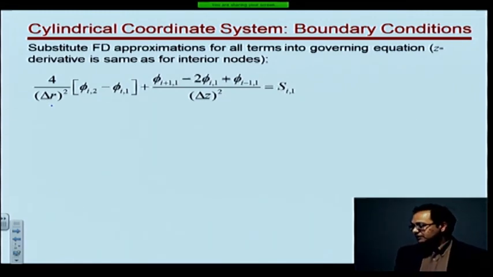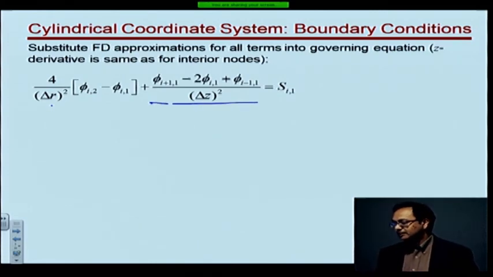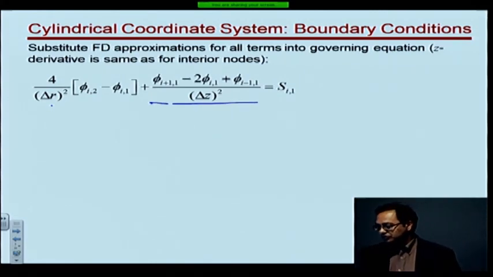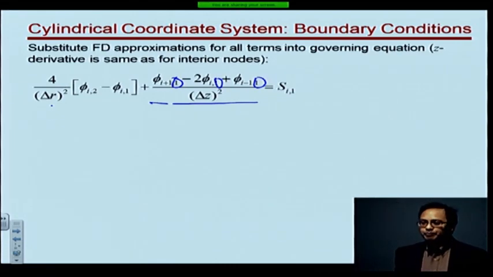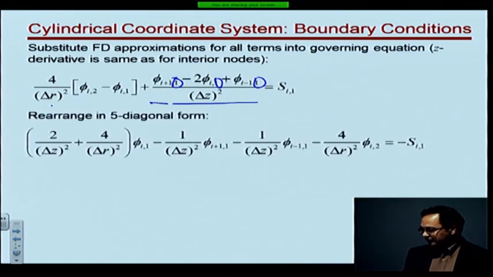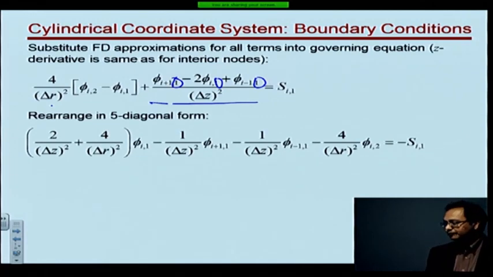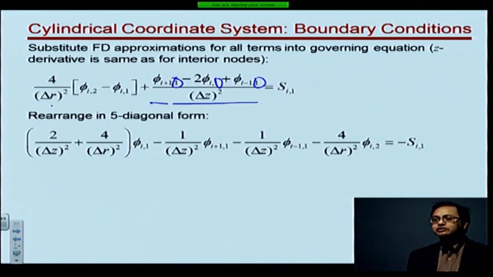The z derivative stays as is, nothing has changed except you're using j equal to 1 for the second index everywhere. All right, so if I now rewrite it in 5-band form or 5-diagonal form, then we get that. So that's our governing nodal equation for nodes that are sitting on the axis of symmetry.